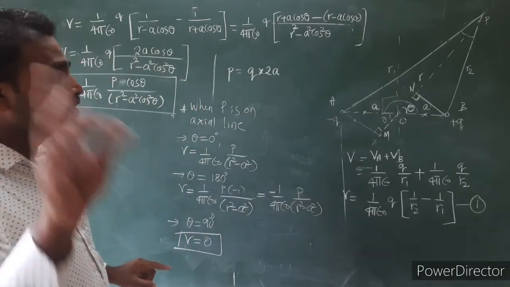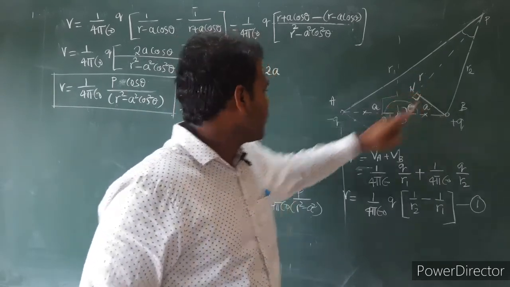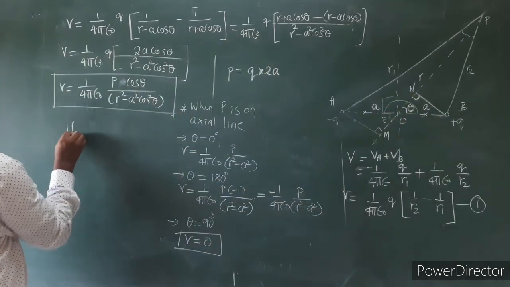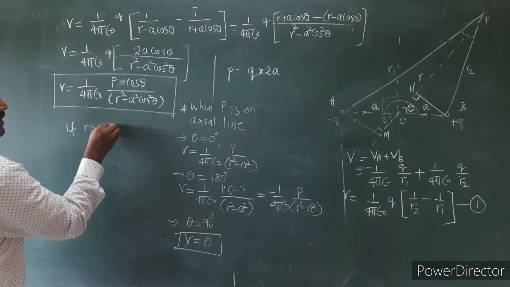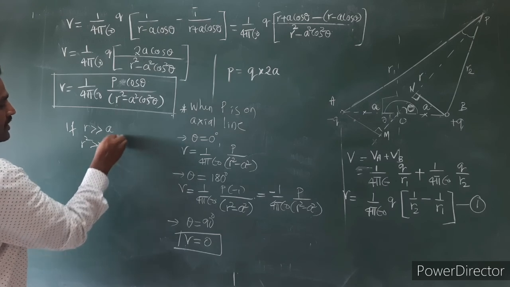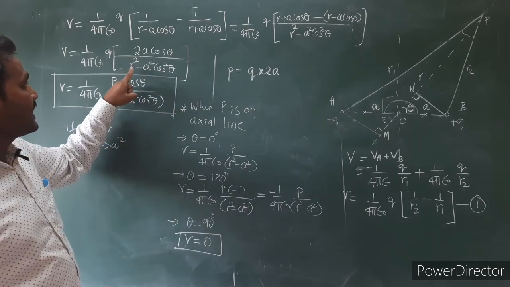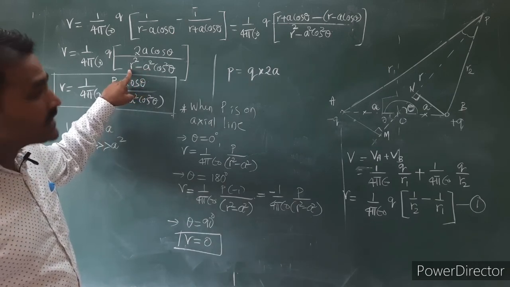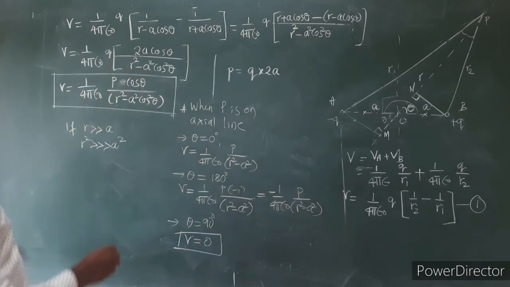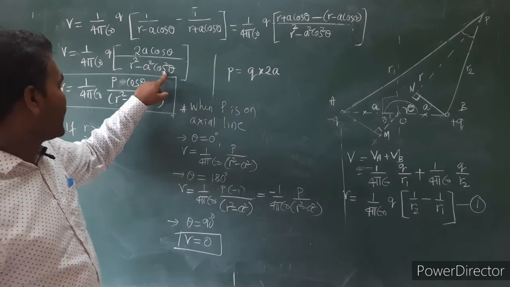0. Okay. And already initially I told that the distance R, if this distance is greater than A, what happens? R square will be much greater than A square. So I can easily neglect A square in comparison with R square. And the maximum value of cos square theta is equal to what? 1.